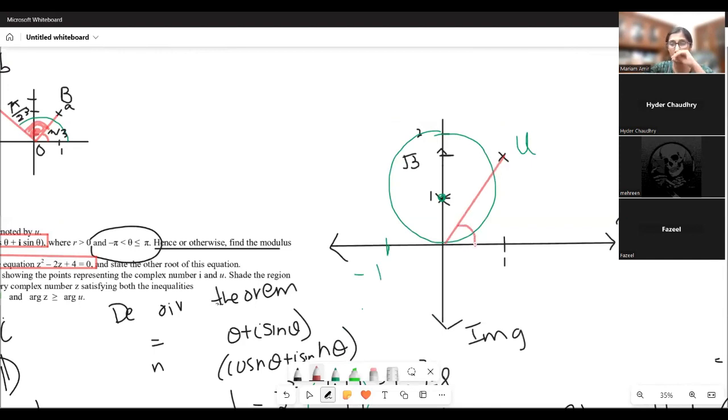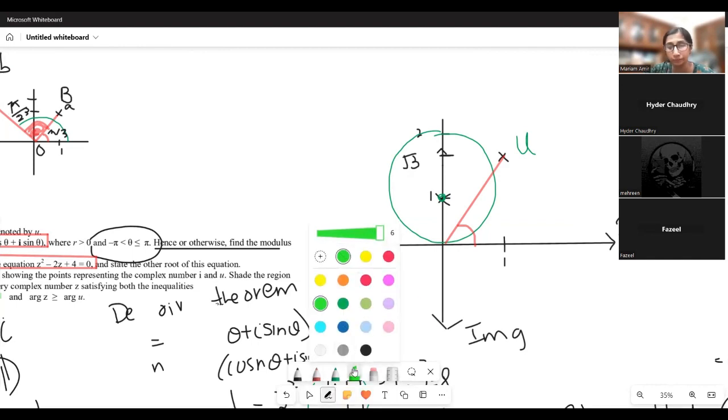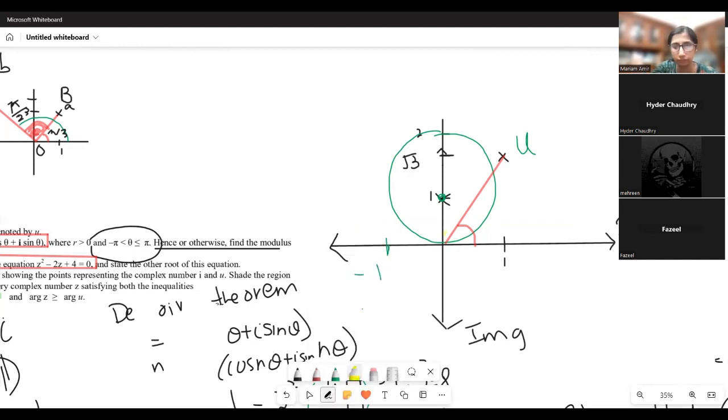Now you have to shade that part of the circle where the argument of z is greater than this angle. So that's going to be this part. This is what you shade. That is correct. So that is question number 1. And you have to do question number 2 as homework.